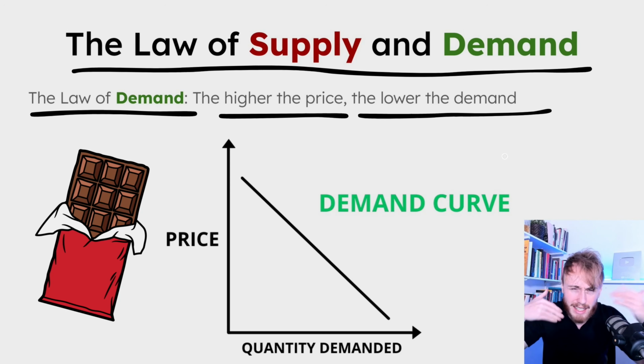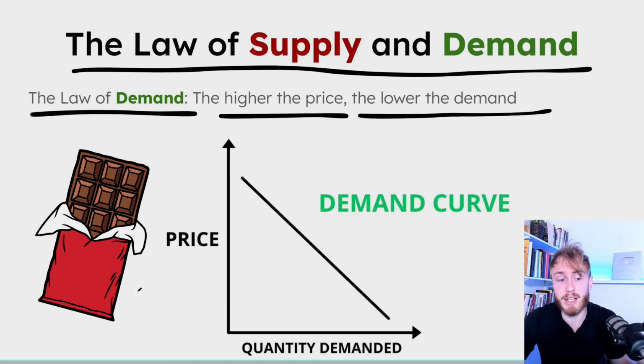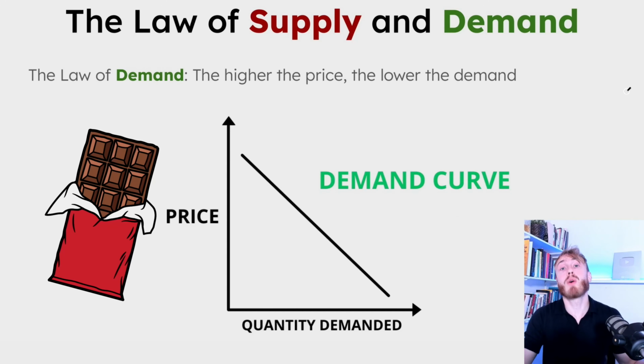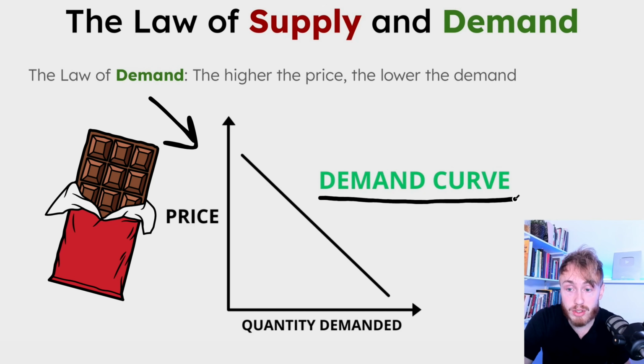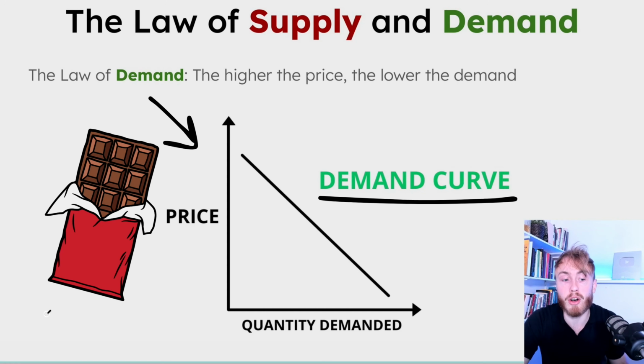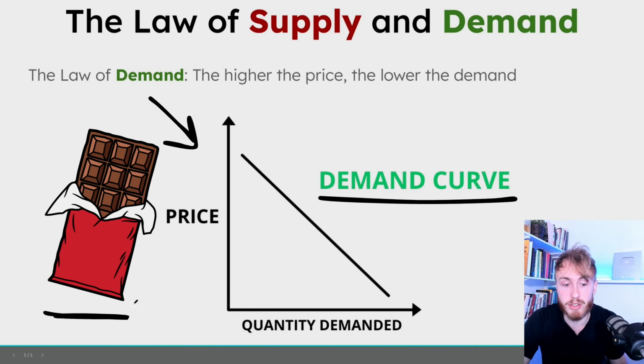This might sound a little bit complicated in the beginning, but don't worry, I think it will be very clear after this example. Right, so now I want you all to focus on this chart right here. This is what is known as a demand curve. To make this very clear, let's think about this as a demand curve of chocolate bars.